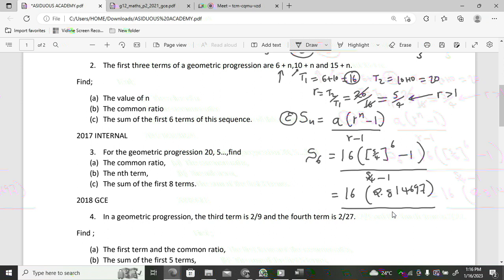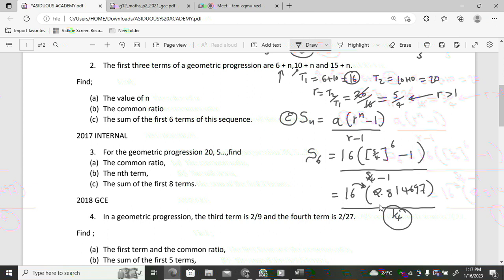The value I'm getting on top is 2.814697. And then in the denominator, if we say 5 over 4 minus 1, that is going to give us 1 over 4. And so I'm going to multiply 16 by this value which is here, 2.814697 times 16.